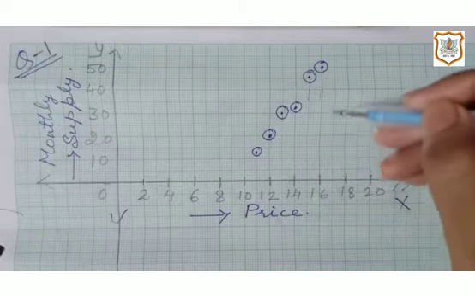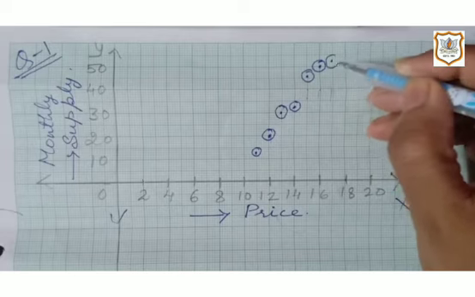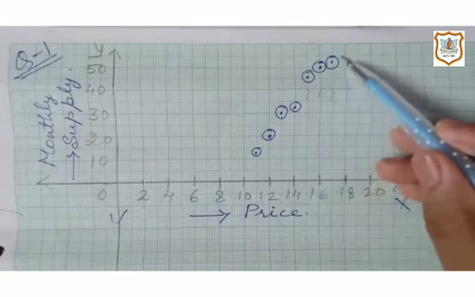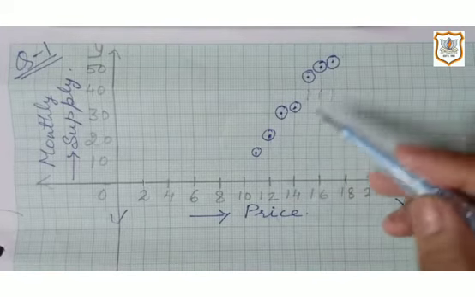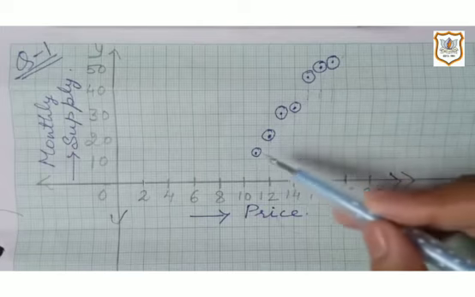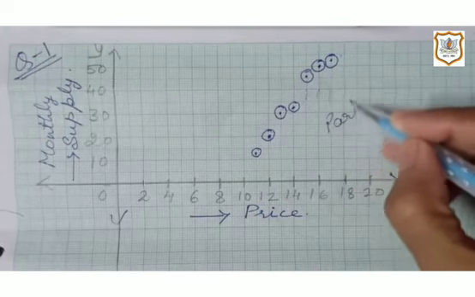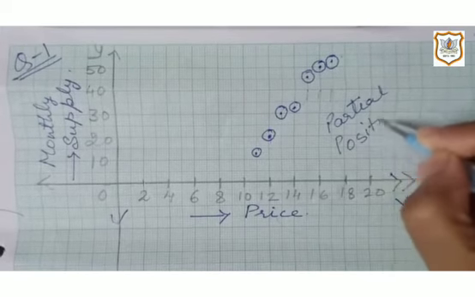So 17 and 53 will be over here. So if you see, these points are in increasing order, but they are not coming on a single line. They are round about a single line. So we say that the correlation is partial positive correlation.